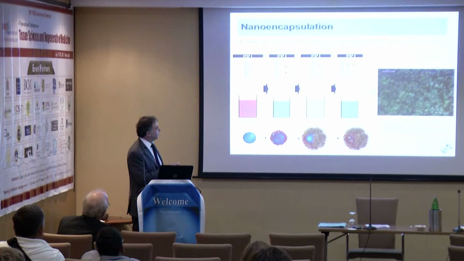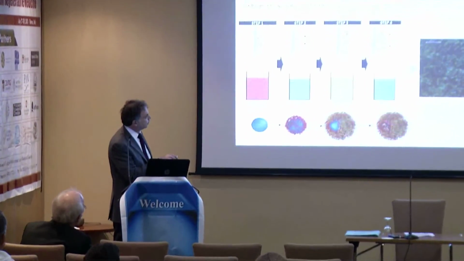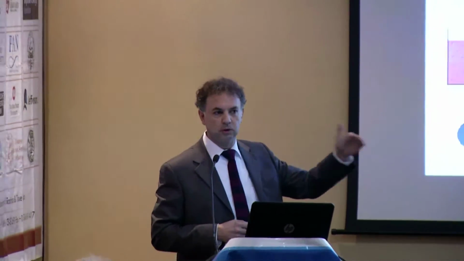By electrostatic interactions, the polyanion will interact with the polycation and create a bilayer. Here you see the cell nucleus, then in red the polycation, and in blue the polyanion. You centrifuge, wash out the polyanion, and you repeat the steps over and over, as many times as you want, depending on the layers you want to put over the cells.